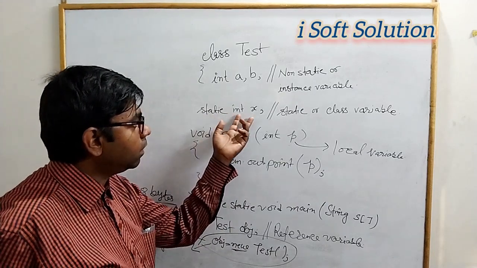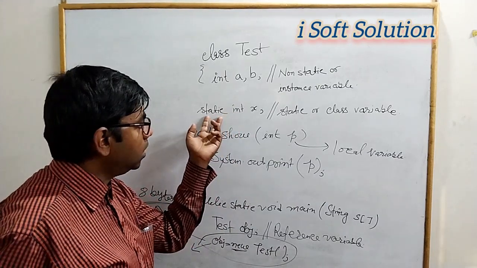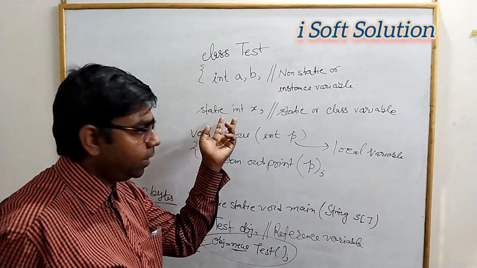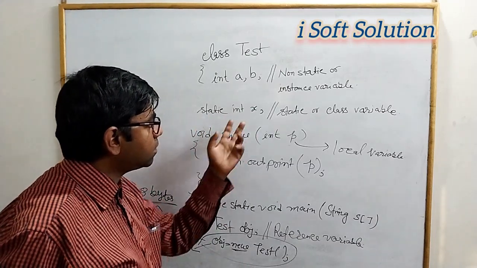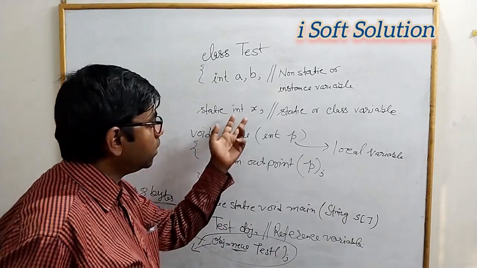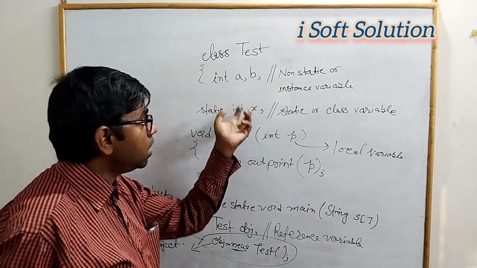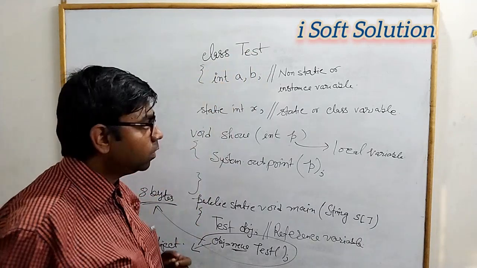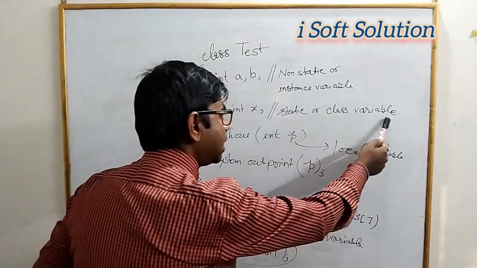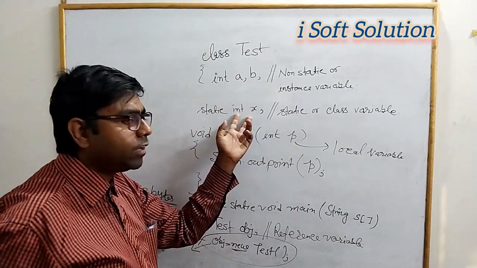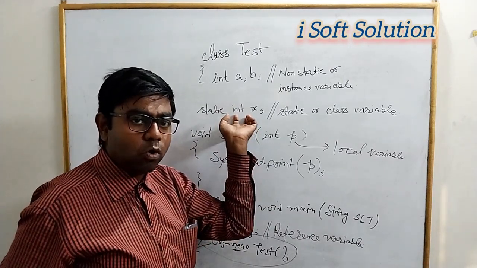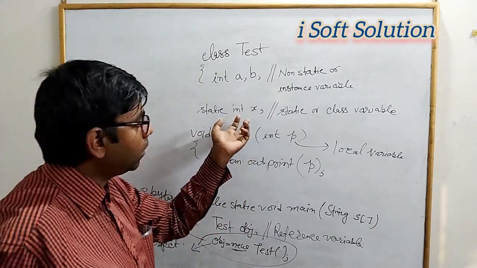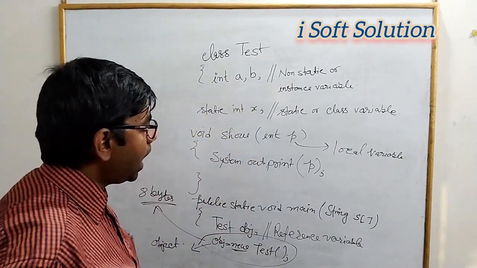So if I declare a variable with the static keyword, no object is needed for accessing this variable. So how can I access this static variable? The static variable can be accessed with the class name, and that's why it is also known as the class variable. That is, the static variable is not in the scope of the object, it will be in the scope of the class, so it can be accessed with the class name.